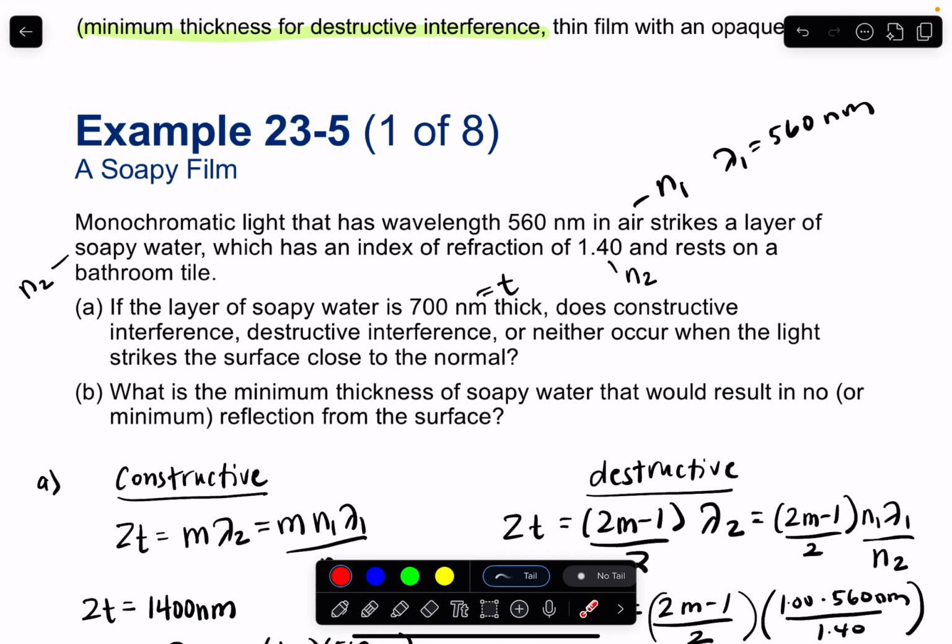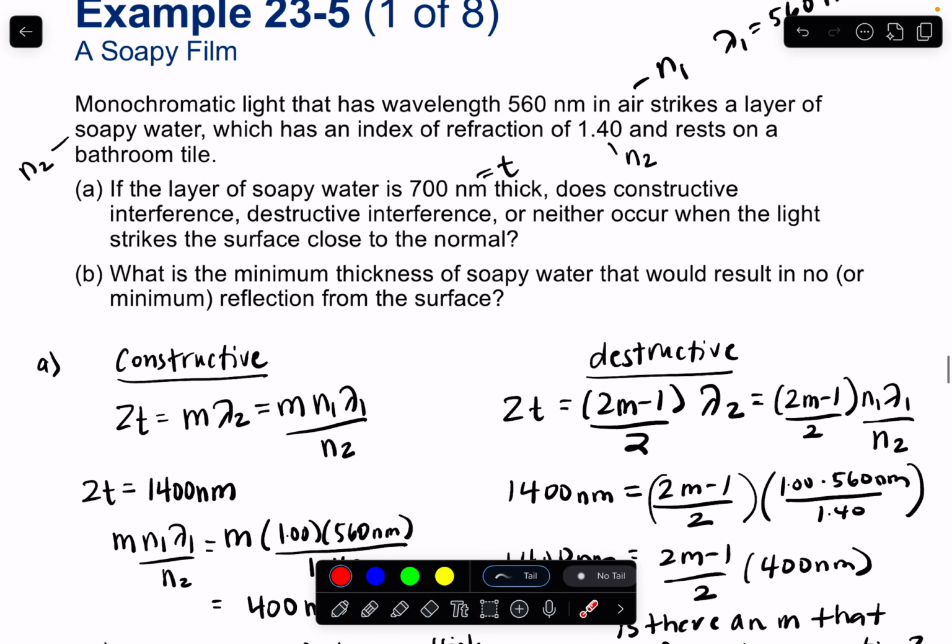We don't know if constructive or destructive interference is going to occur, so let's set up both equations and plug in our knowns. For constructive interference, we have 2 times the thickness equals an integer multiple of the wavelength in that film.